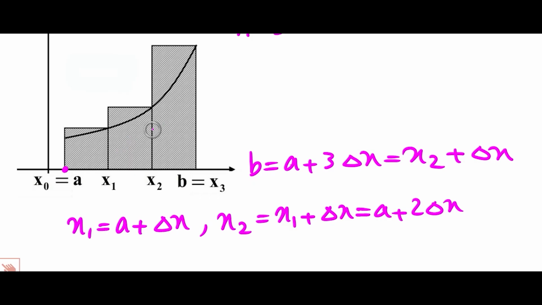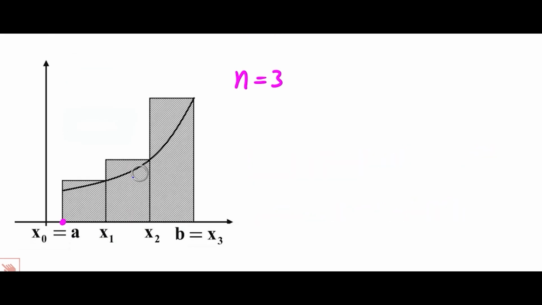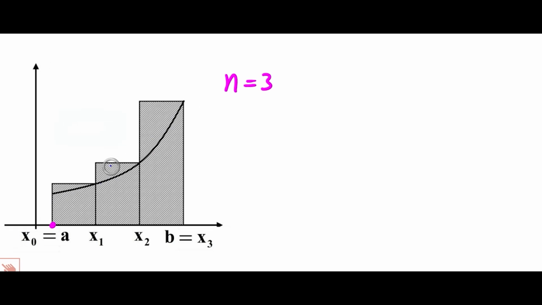Now let's examine how this changes when a function is increasing versus when it's decreasing. Let's look at the first case where the function f is increasing. In this graph, we use the right endpoints, meaning here, this, and this. Since the function is increasing, the right side is the highest point. For example, in this interval, we choose x1, meaning a plus delta x.